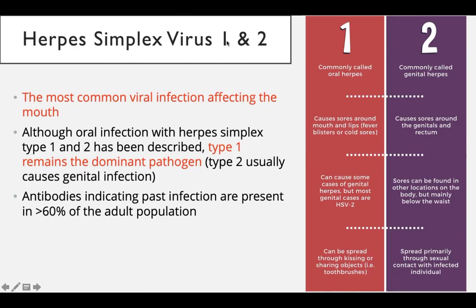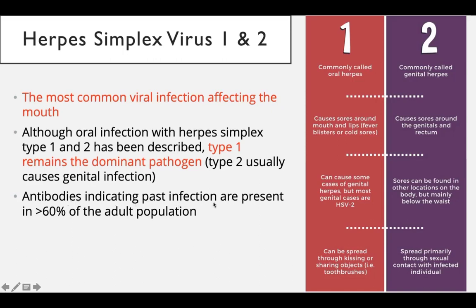Both of them cause oral infections, but type 1 is the dominant pathogen for oral infection compared to type 2, whereas type 2 more usually causes genital infections.